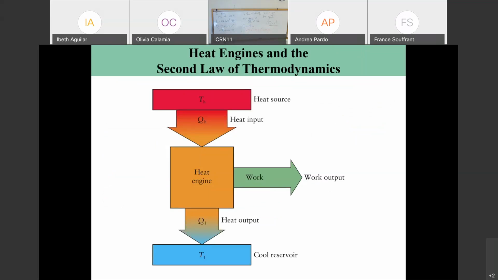The heat engine outputs some energy in the form of work, but then it also outputs some energy in the form of heat into a cold reservoir. So the mechanism converts some of the heat into mechanical energy and rejects the remainder. This is a simplified version of this.